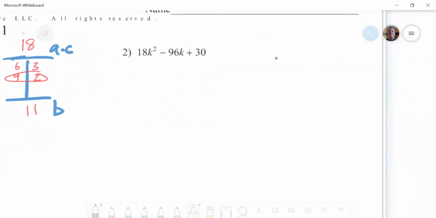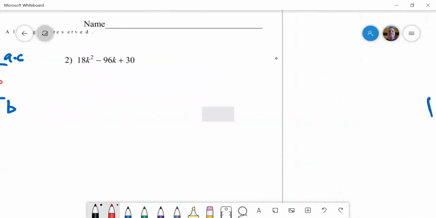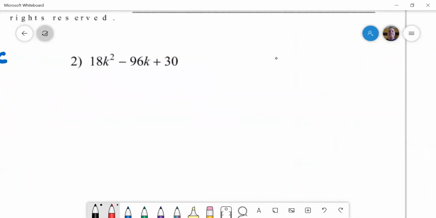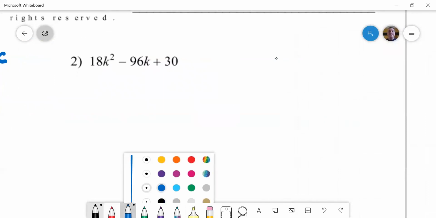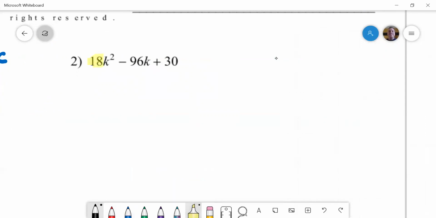Number 2, let me show you another way you can do it as well. Let's start with number 2 here. We always want to look for a GCF. Let's look at our terms, and you can see that we definitely have a GCF here. It looks like it's definitely 3.